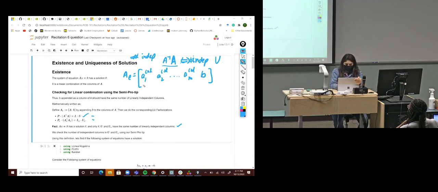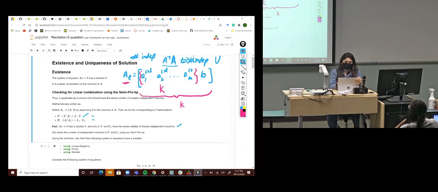So if I know that the number of linearly independent columns in this set, let's demarcate that, is say K, then if the number of linearly independent columns in this set is also equal to K, I can say that there were no new linearly independent columns added to AE than there were in A, right?